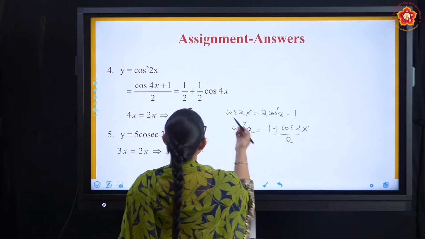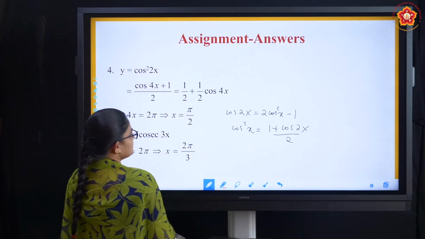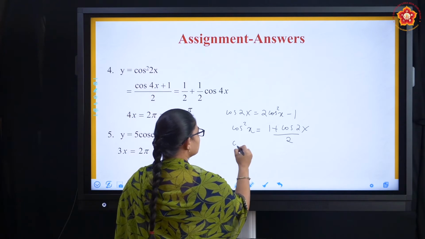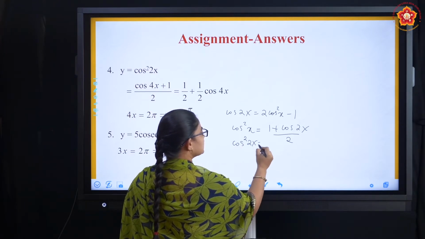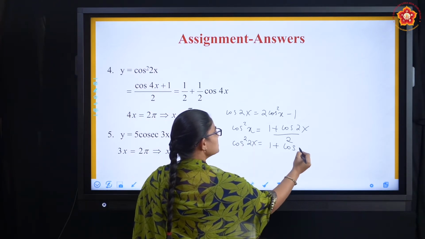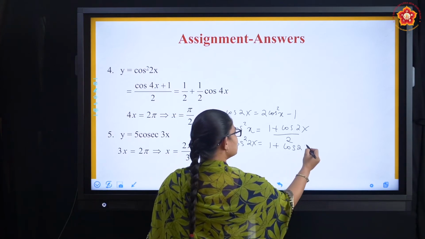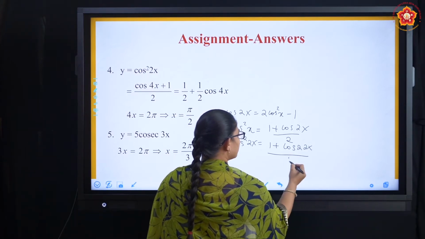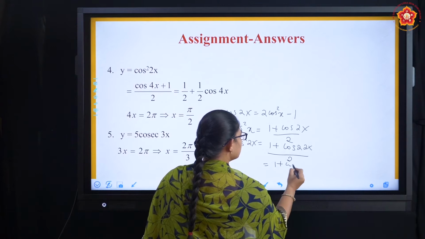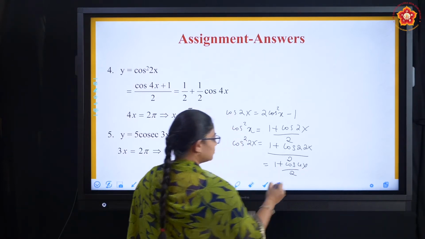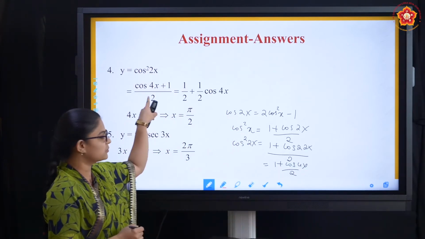Now we have here cos square 2x, that is, in place of x we have 2x. So cos square 2x is nothing but 1 plus cos of 2 into 2x, divided by 2. So that is 1 plus cos 4x by 2. This is how we can simplify the given problem.